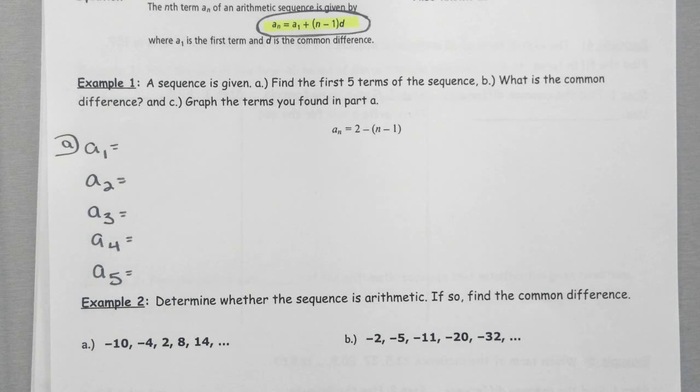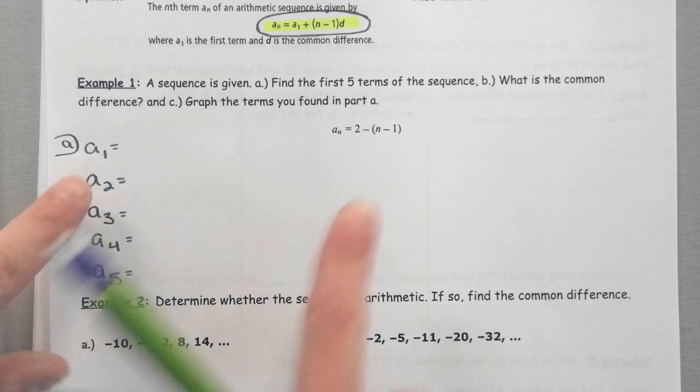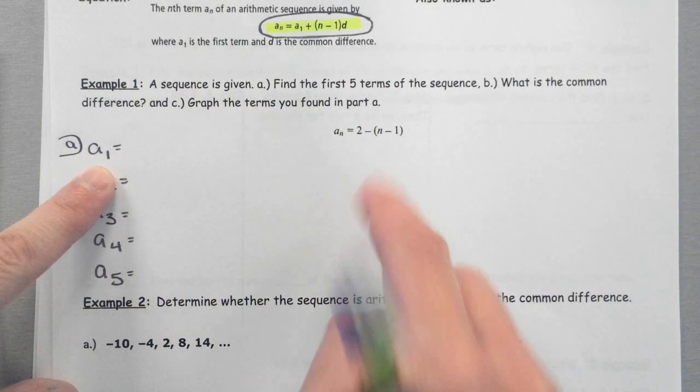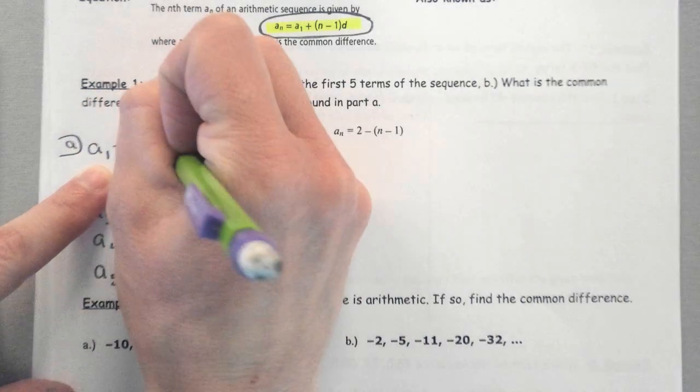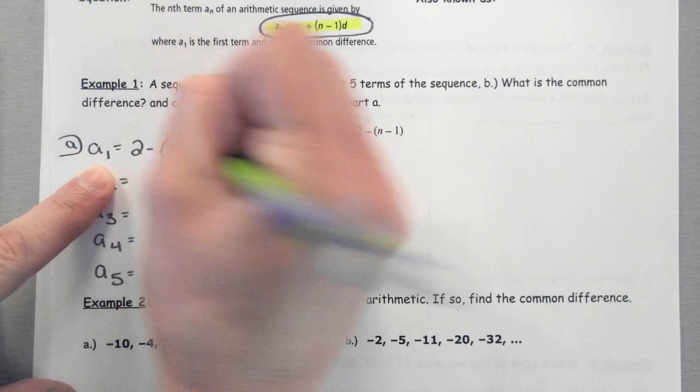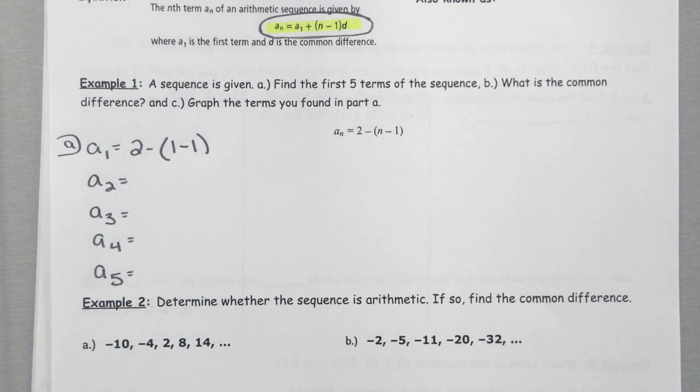All right, so literally we're going to plug in the value. So if I plug in my 1, it's going to read 2 minus, and then I have my parentheses, 1 minus 1. I know it almost seems silly to say because it's been so long ago now, but order of operations still matters. So we've got to make sure we're still using it. So always go back to that.